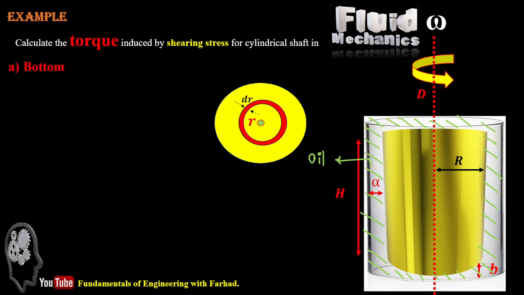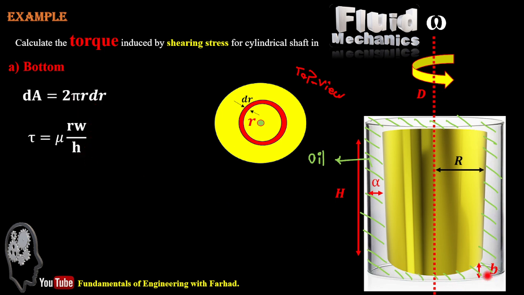So first of all, for the bottom part, if we just take an element, this is the top view. And if you just take out this small reddish element with the radius of r and the thickness of dr, then dA of this narrow strip is 2 pi r dr, and at the same time tau, the shear stress in the fluid, is equal to mu times velocity over thickness.